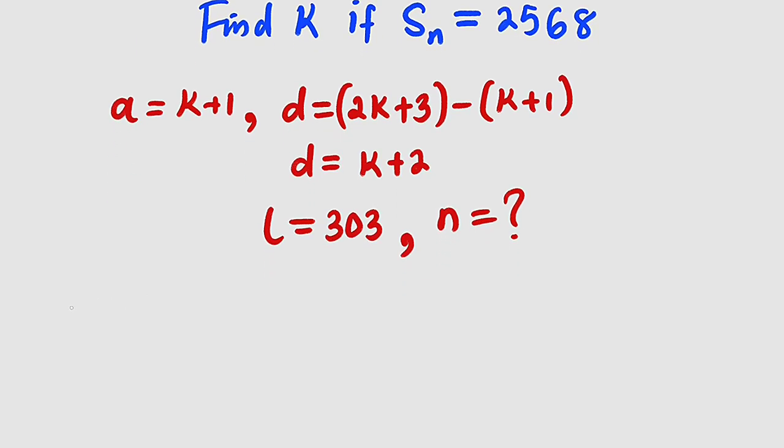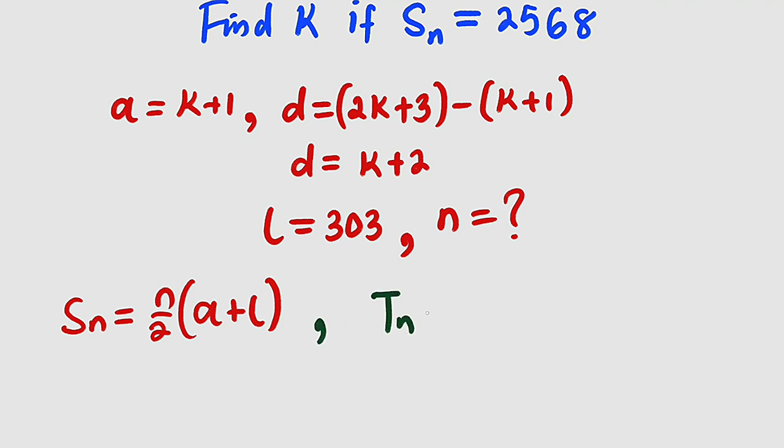The sum of N terms is equal to N divided by 2 multiplied by A plus L. N is unknown, but we can find it using the Nth term. Tn is equal to A plus N minus 1 times D. So we can use this formula to find N, then substitute it here.